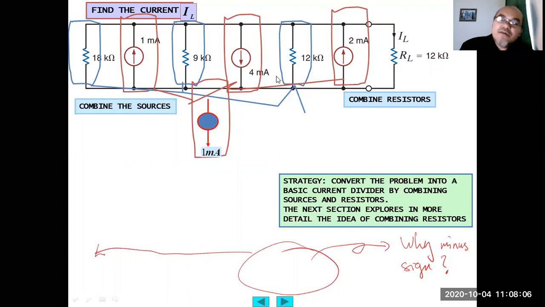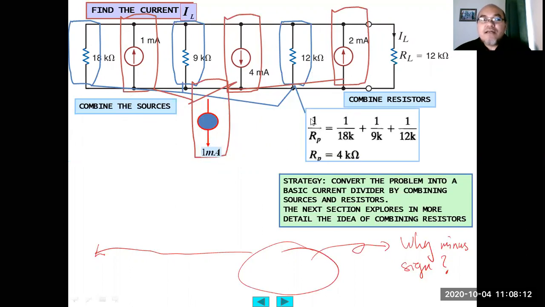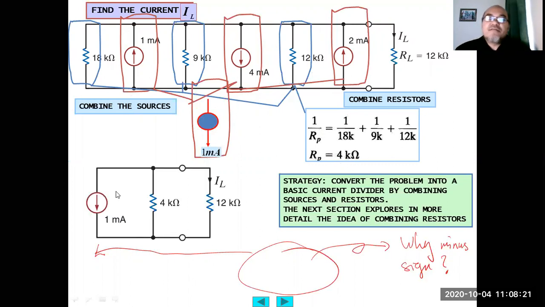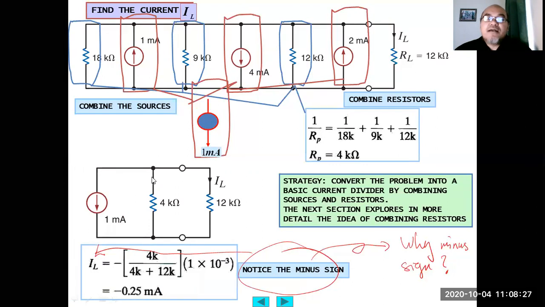We combine the other three into a single equivalent parallel resistor: 1 over Rp equals 1 over 18K plus 1 over 9K plus 1 over 12K, so Rp equals 4 kilo ohm. Now we have the 1 milliampere current source downward with the 4 kilo ohm and this 12 kilo ohm downward.